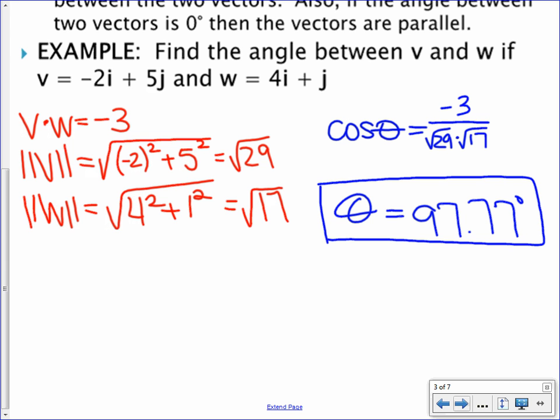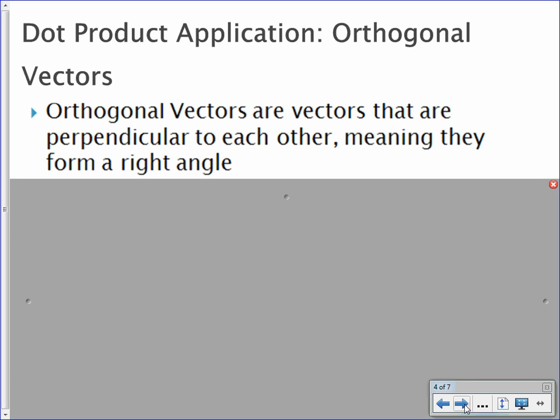Instead of perpendicular, when two vectors make a 90-degree angle, we call them orthogonal. Physics, did you use this word in physics? No. Orthogonal vectors are perpendicular to each other. The angle between them is 90 degrees.